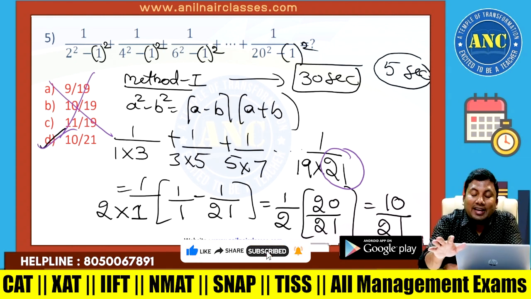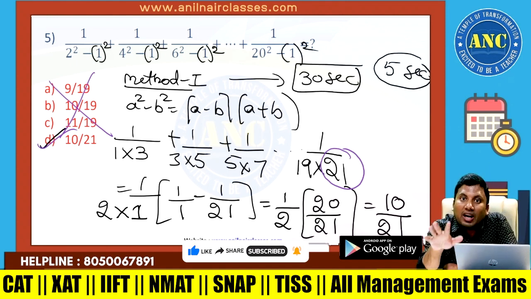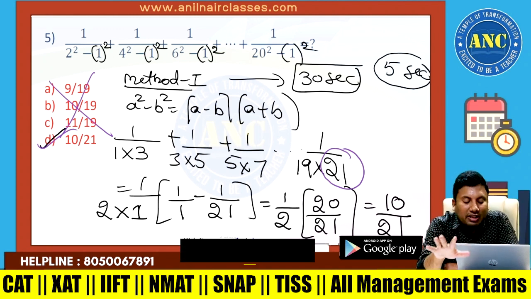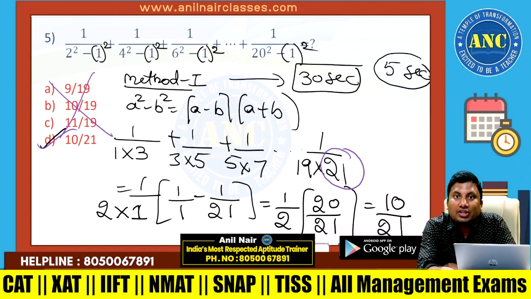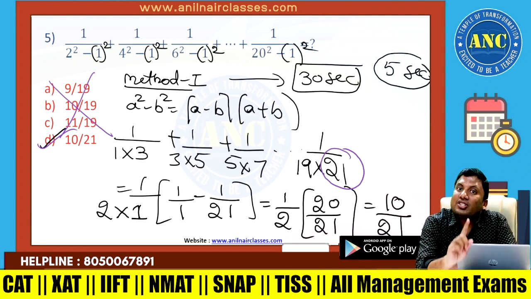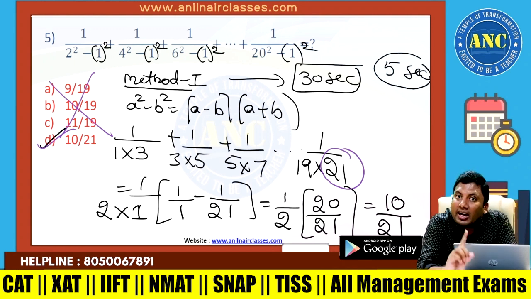In case you are going by the traditional method which is taught in your classes or online classes, all of them will solve this question in this method, which will take 30 seconds. Because you attended my class and you know the denominator condensation approach, you are able to save 25 seconds on this problem.